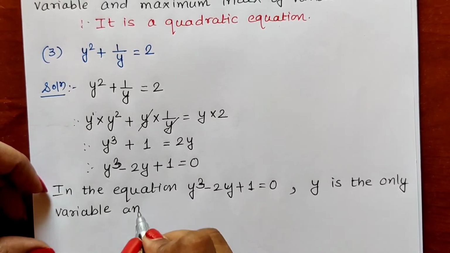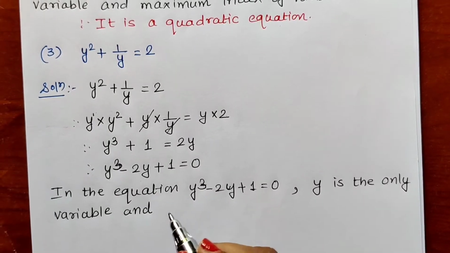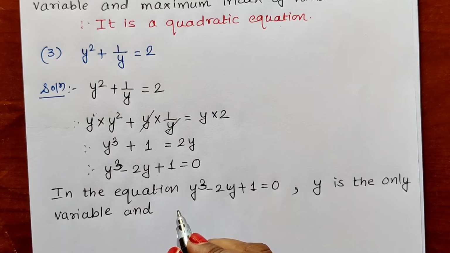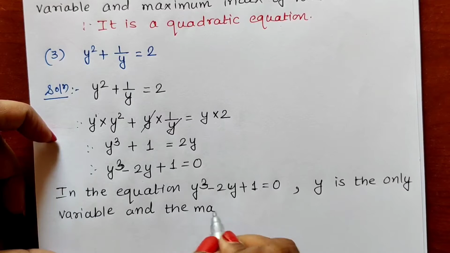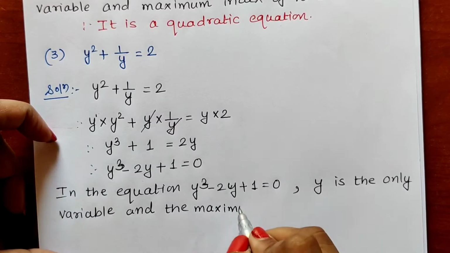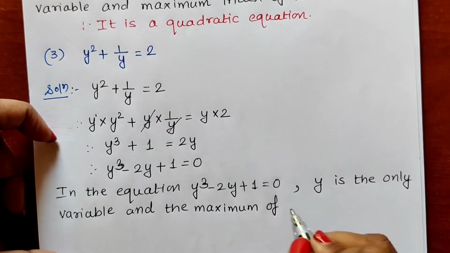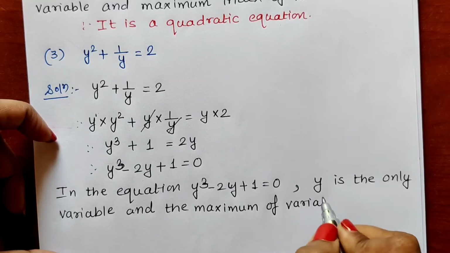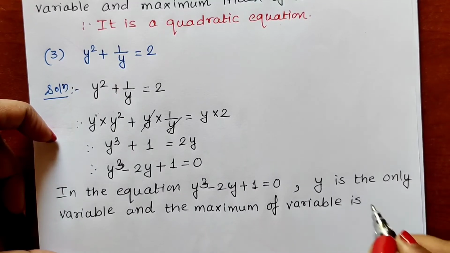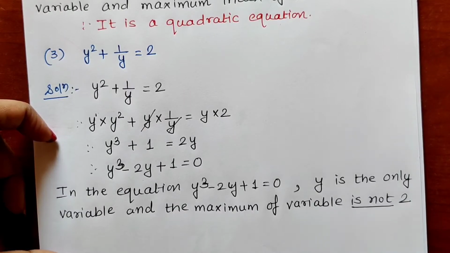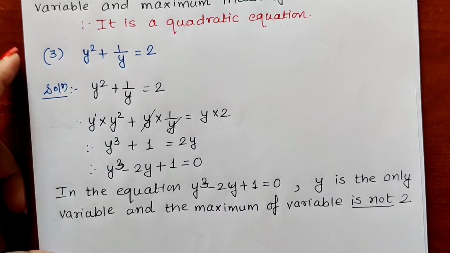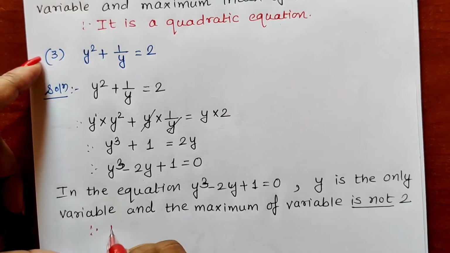And the maximum index of variable is not 2. We should write like this. And the maximum index of variable is not 2. Very important. As it is not 2, hence it is not a quadratic equation.